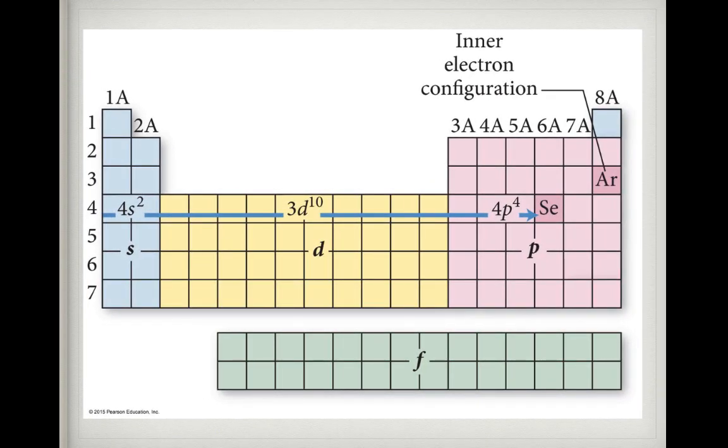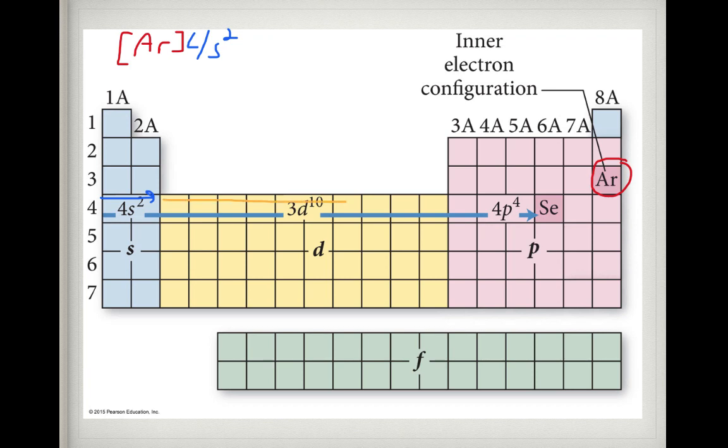Let's look at another example, selenium. If we go with noble gas notation, we've got argon. So let's put that in our brackets here. So we have argon, and then as we come down here, we've got 4s2.